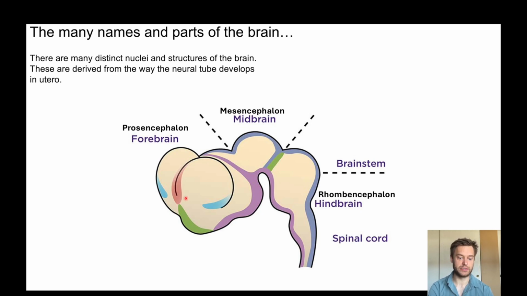So initially, it starts off as just this little tube, and then as you're in the womb, the brain starts to take shape. And all of the brain structures arise from the forebrain, the midbrain, and the hindbrain.